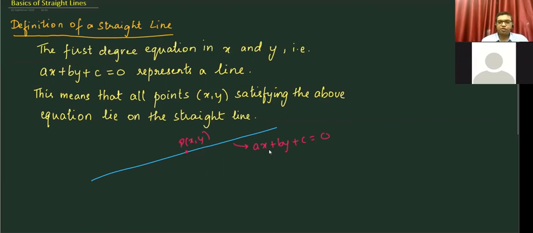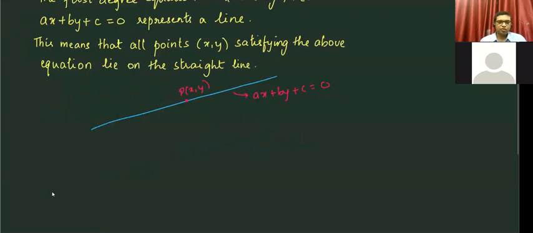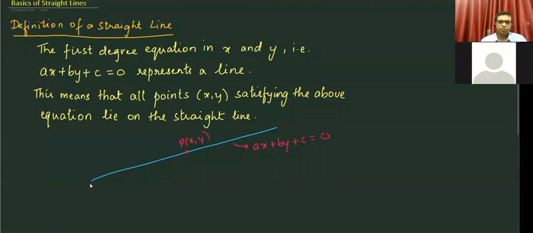When you substitute x and y in this equation, you should get 0. The line is a locus of points which satisfies this particular equation.